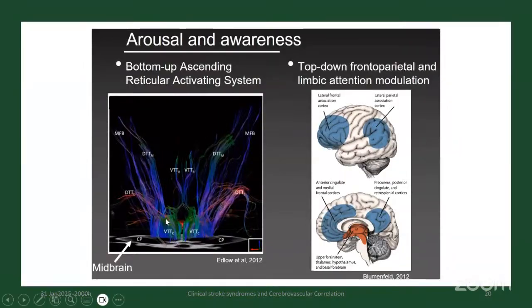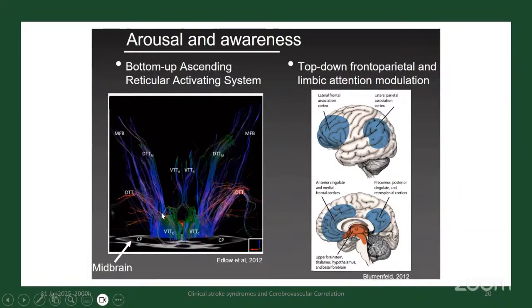So the midbrain reticular system supplies both cerebral hemispheres. So a network of neurons is there that keeps the individual awake. The bottom-up ascending reticular activating system keeps human beings active, aware, conscious.